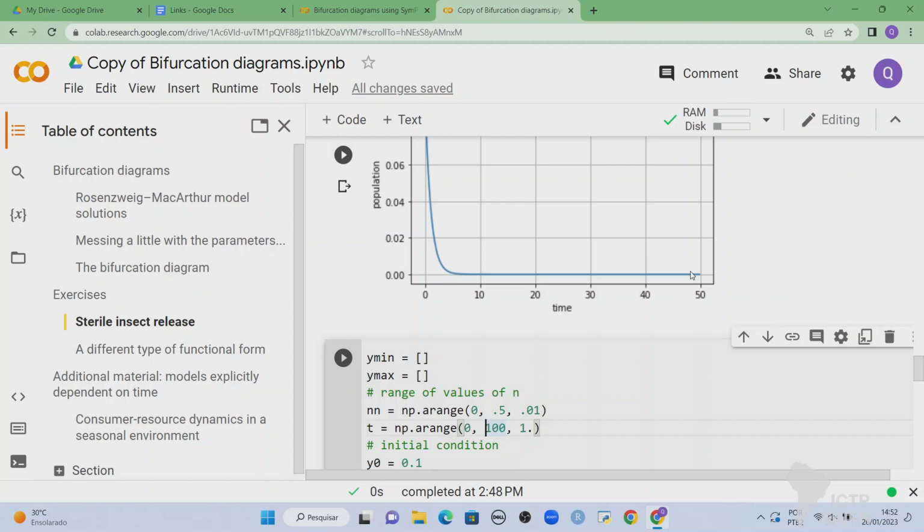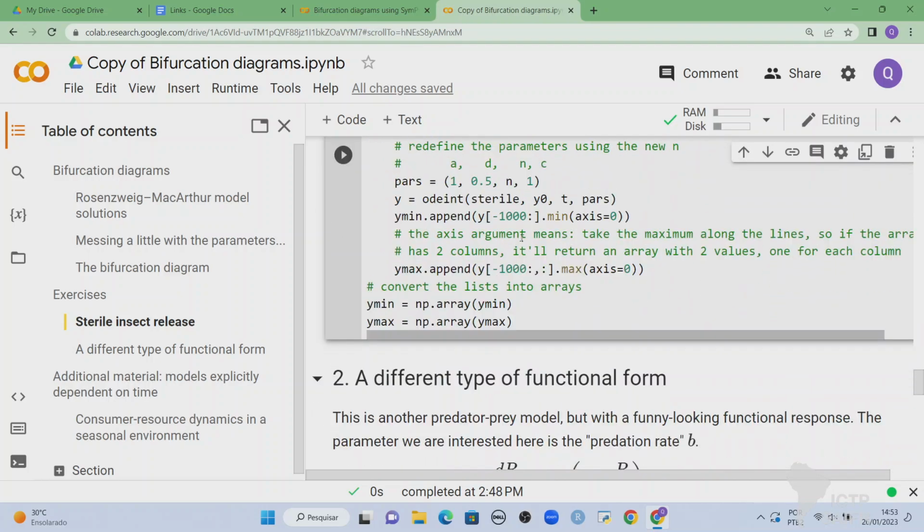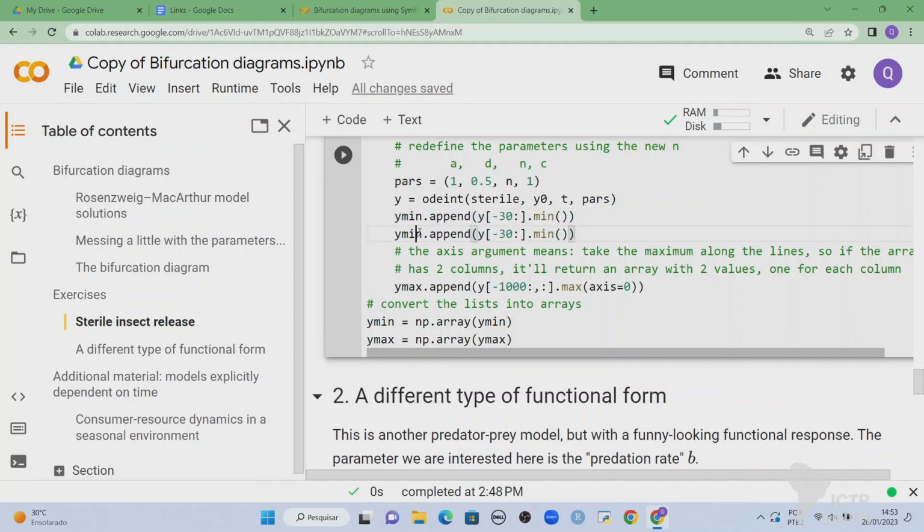Does that make sense? So here, instead of 1,000, I just take the last 40 points. And for the minimum, I don't need axis equals 0, because there's no second axis, since it's a single equation. And then the same here for the maximum. So I adapt the other one just like this.